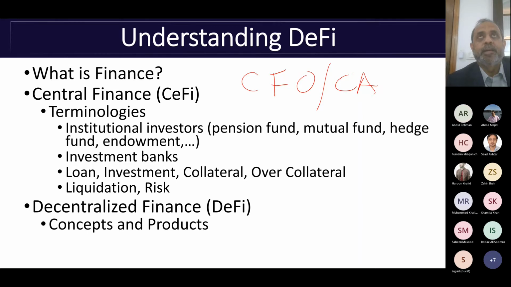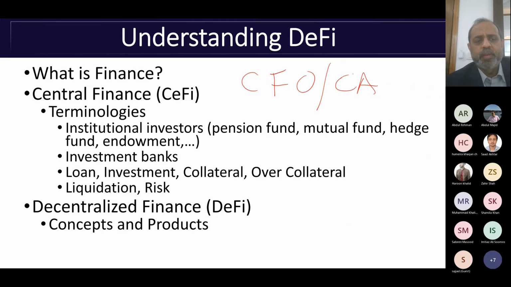अच्छा, ठीक है. So we have different views, and part of it is right, कि ये कोई fund होता है या high level decisions हैं about the money, and the other one is how you start your business. But then there's a number of terminologies in central finance, which we are calling CFI, right?